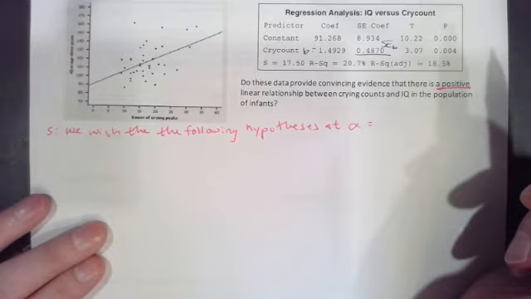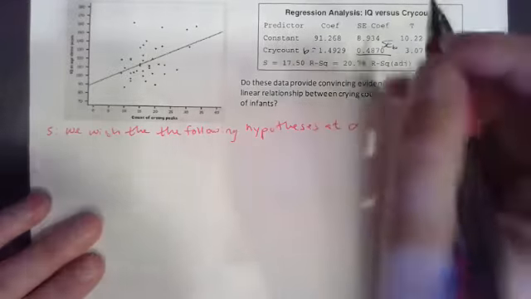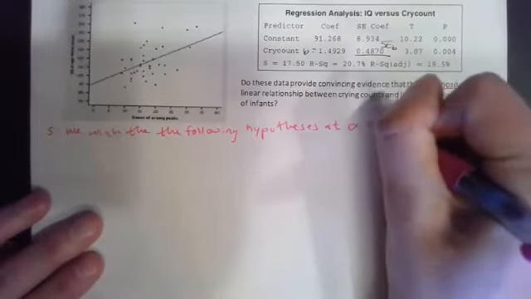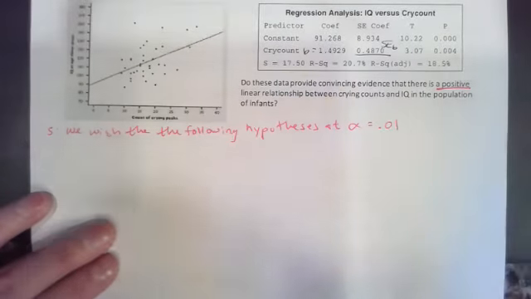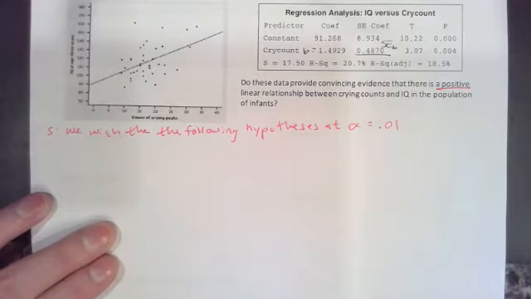I don't see it anywhere. So I'm going to go with 0.01, just because that is what my notes have on there.